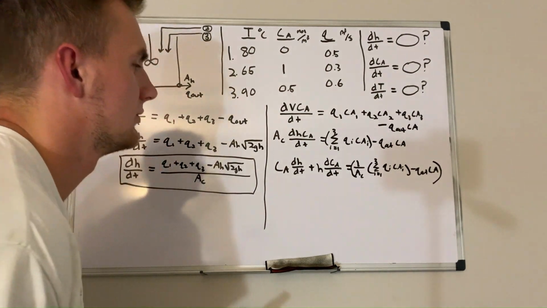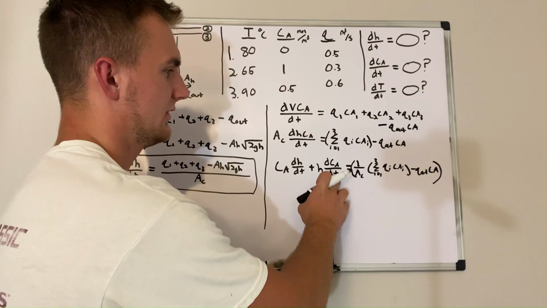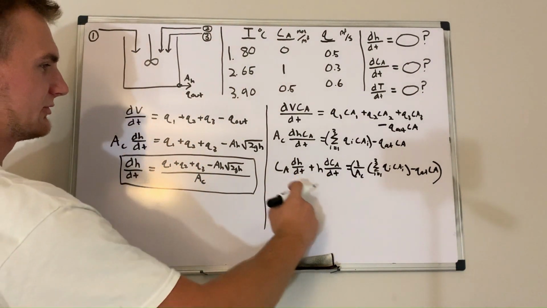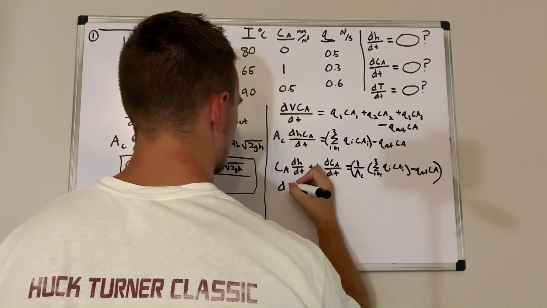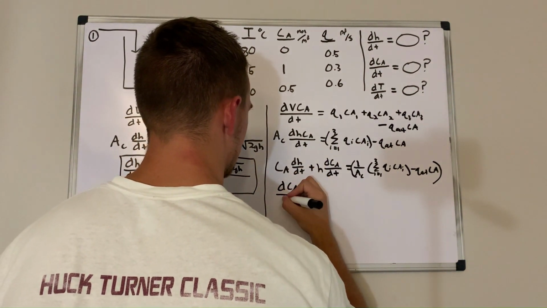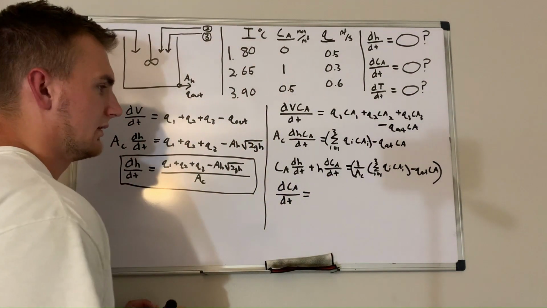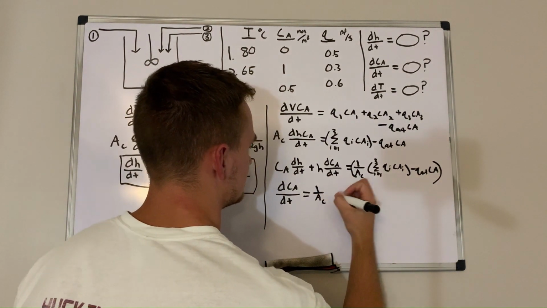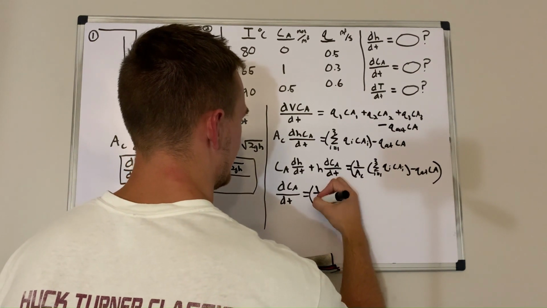Okay, so now what we can do is go ahead and isolate the change in concentration of A with respect to time. So we will subtract over and divide by H. So we'll have dCA dt is equal to 1 over AC. 1 over AC is going to be multiplying everything.